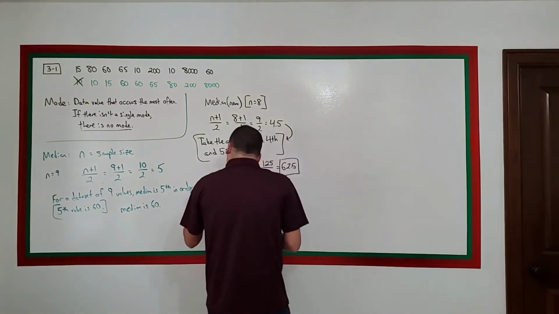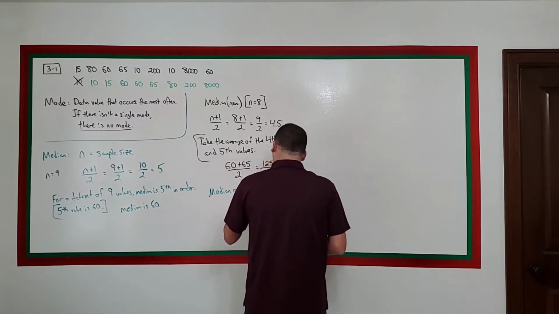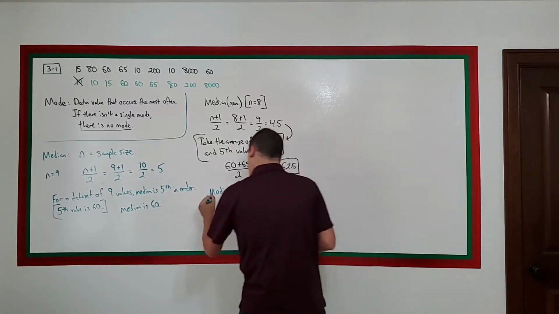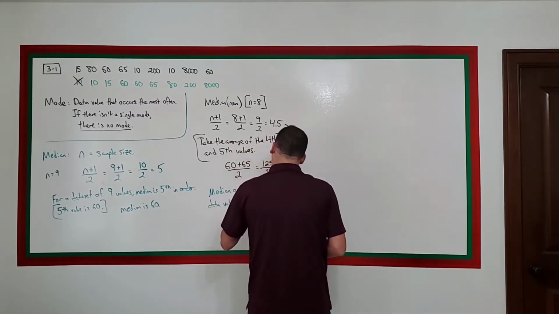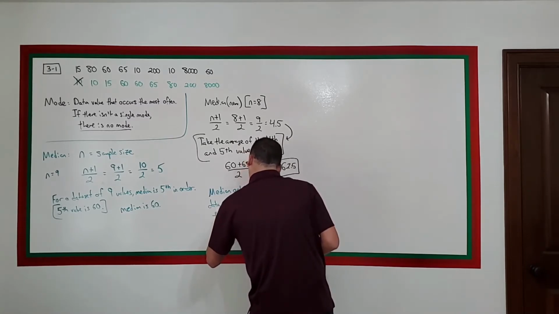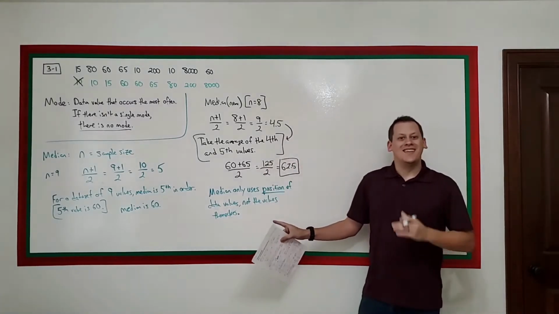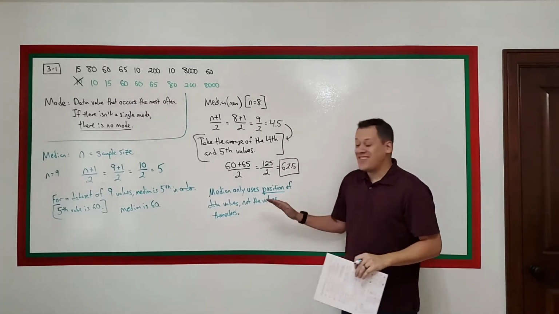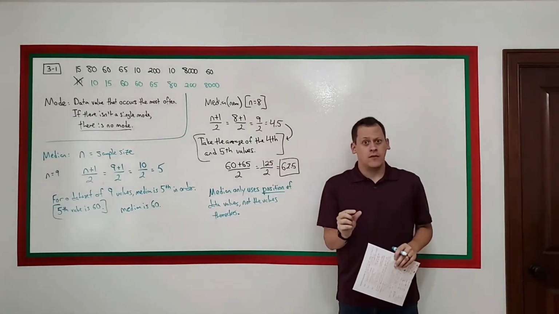It's because the median only uses the position of the data values in a data set, not the values themselves, except for the 1 or the 2 in the middle, right?